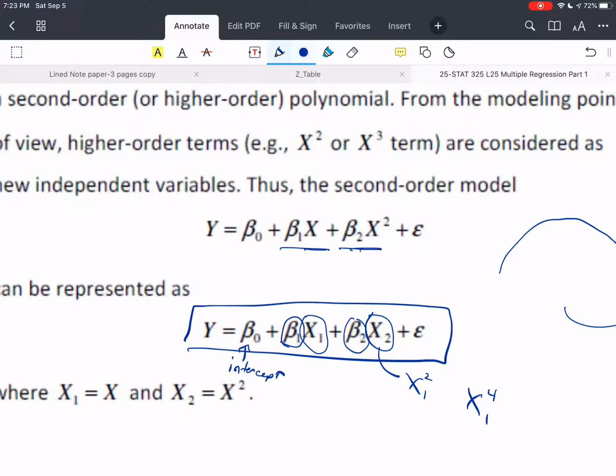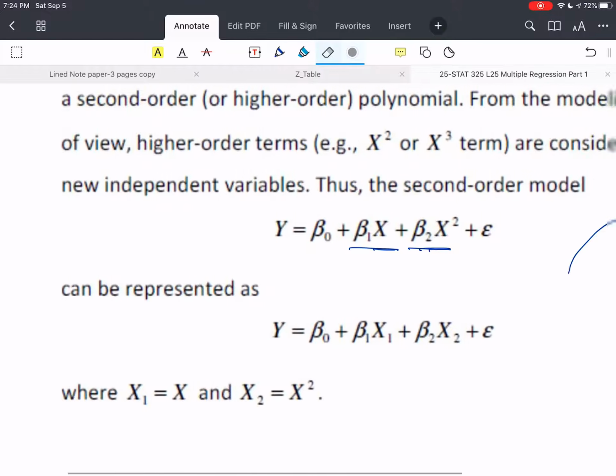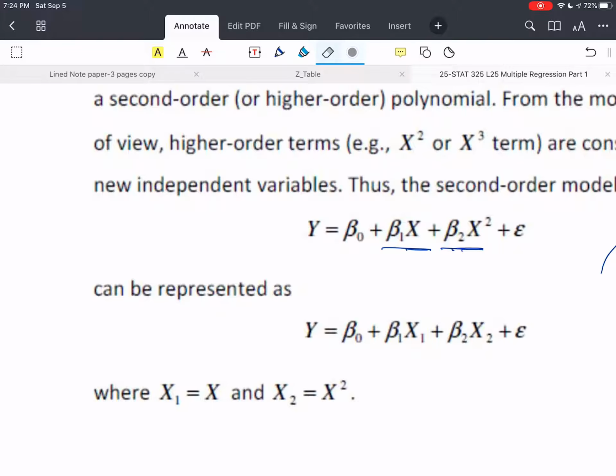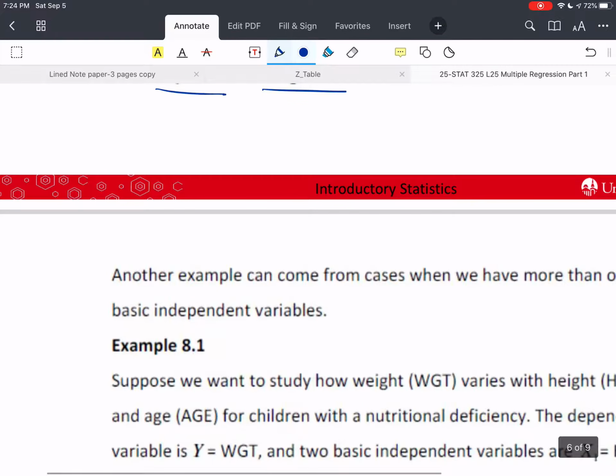We really just notate it as x2 in most cases. All right, so that can be sometimes confusing, but as it says here, we can let x1 equals x and x2 equals x squared. So this is the general form, and that's usually what you'll see, but not always.